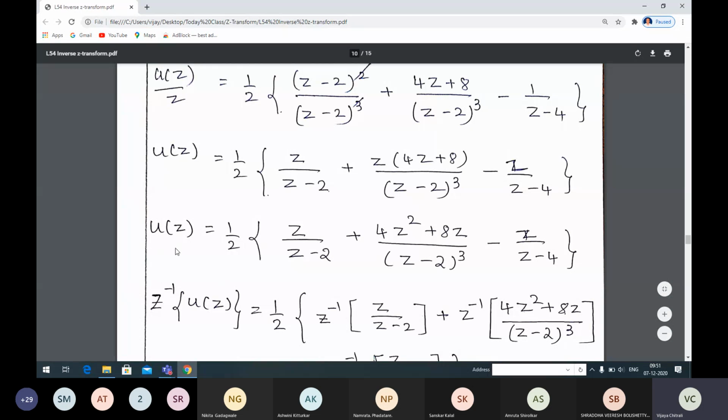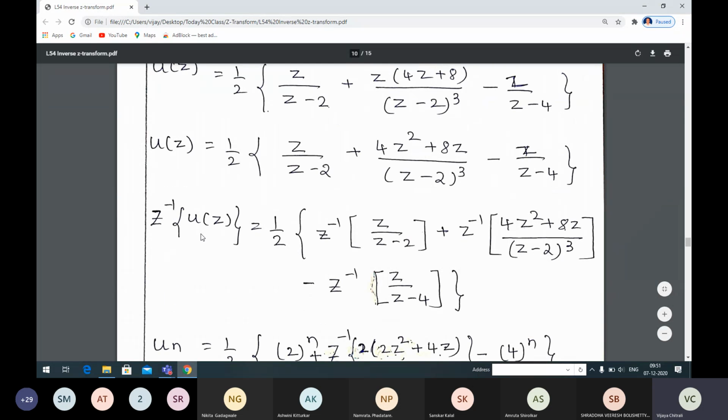Now, U(z) is equal to 1 by 2, z divided by (z − 2), plus (z − 2)^3 is there, right? Multiply this z. So (4z^2 + 8z) divided by (z − 2)^3 is there, minus z divided by (z − 4). No problem for these two because standard result.